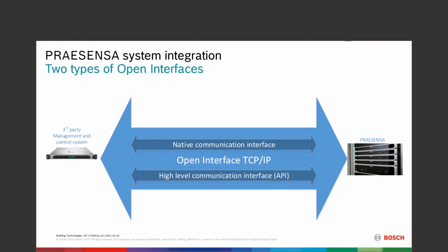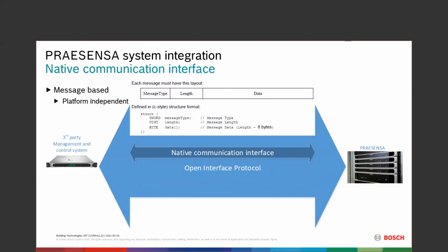Let's go to the next step. We have two types of open interfaces. There is a native communication interface, and there is a high-level communication interface, which is sometimes also called the API. The native communication interface is a message-based platform, so it's platform independent.